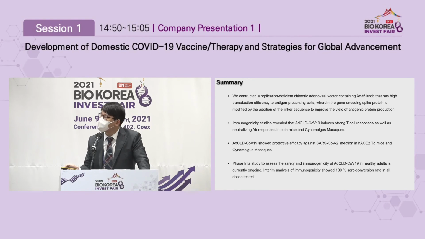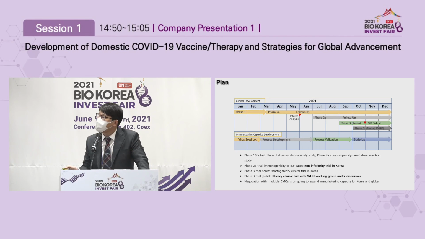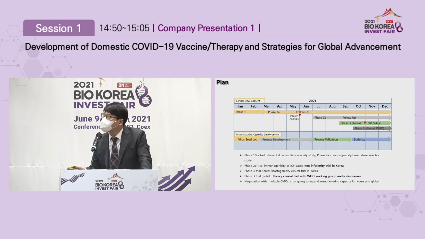And from both animal groups, it significantly prevents the virus. So far, we're currently working on analyzing phase 1 and phase 2A, and the interim results of phase 1 tell us that 100% of all the samples showed the vaccine neutralizing results.